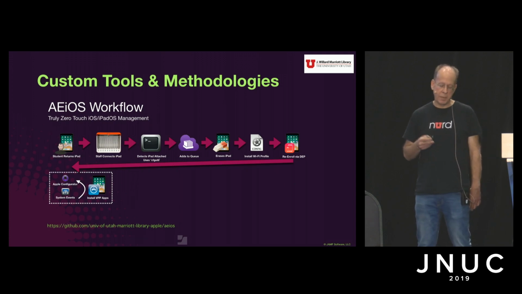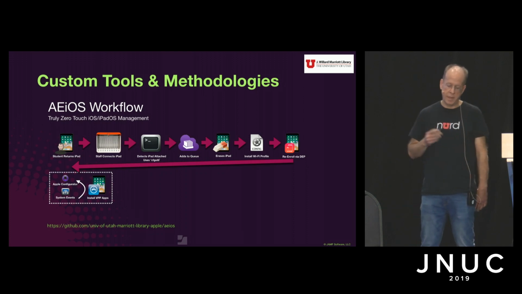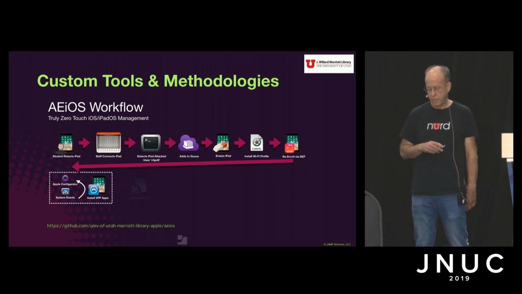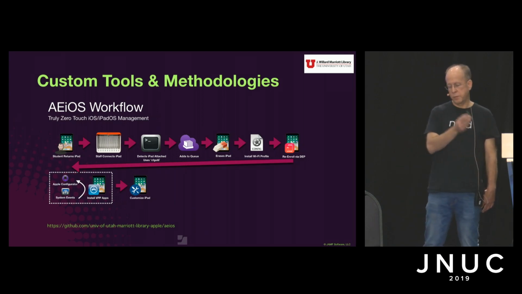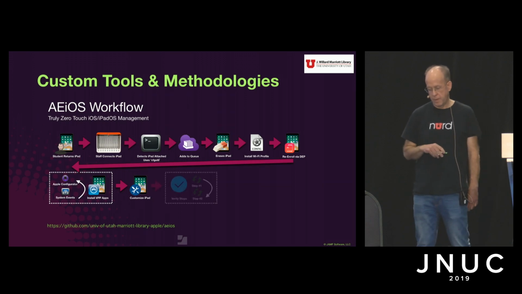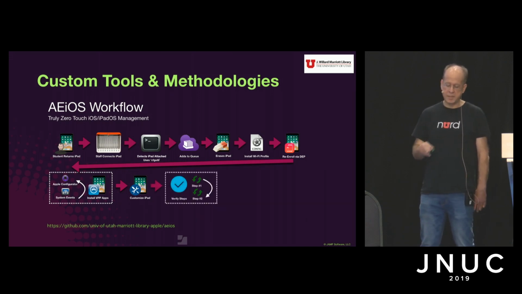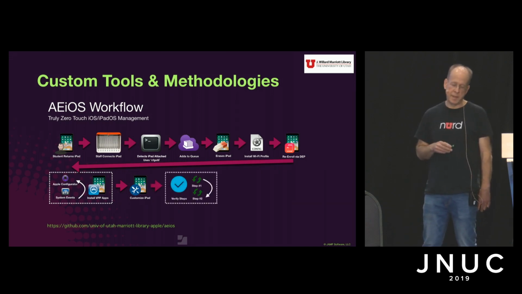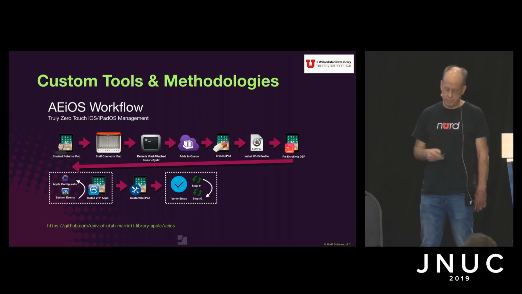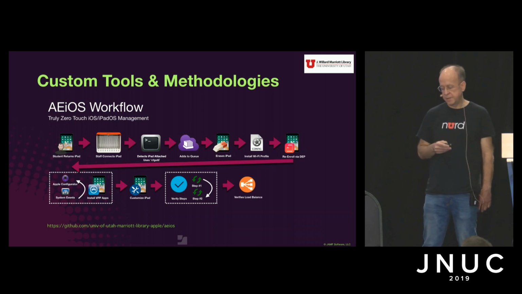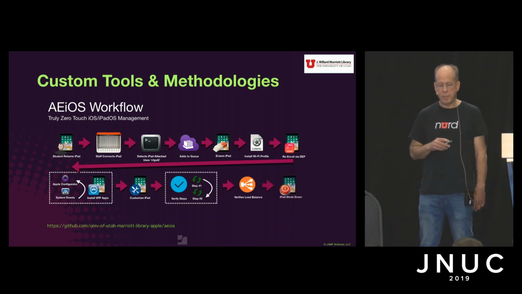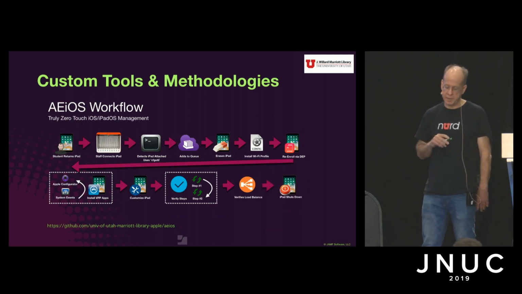And we have granularity where we can create groups of iPads and we can install certain apps on different groups and other apps on another group. It customizes the iPad, so if it's successful, we'll put a certain wallpaper. If it's unsuccessful, we can put a different wallpaper. Then it goes through the process and verifies that previous steps were successful, else it will repeat them. It adds it to a load balance system, and then it shuts down the iPad, and then the person can check out to the next student.